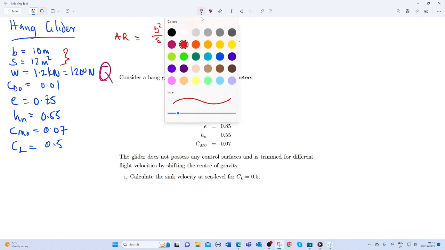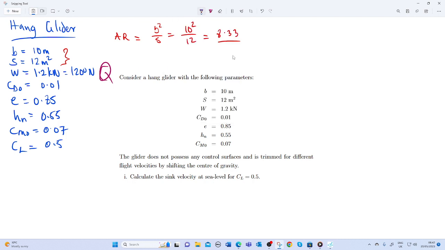Now, using the flight path diagram schematic, we can deduce that this will be the velocity, as this becomes V sink and this V horizontal.